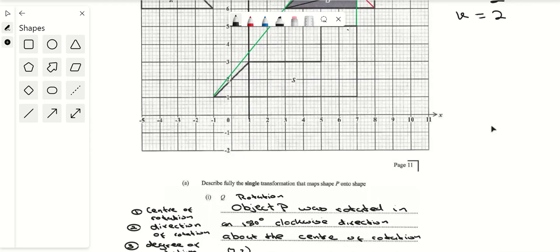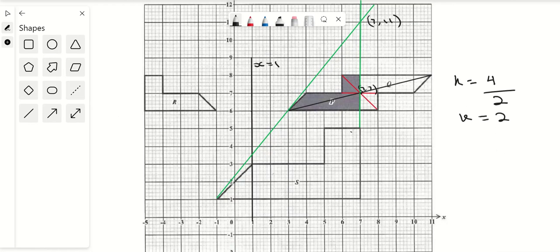We're looking at P and it is undergoing a translation of -2, 3. So we're going 2 units in the negative direction along the x-axis and 3 units along the y-axis.